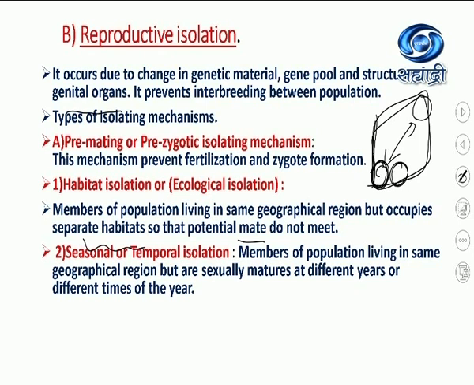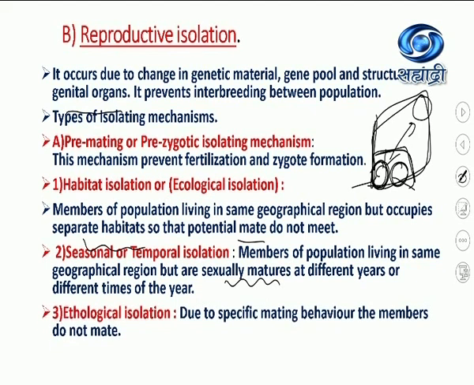Both are staying together in the same habitat, but though they are in the same geographical region and same habitat, they mature sexually at different times. This one matures in, say, winter and this one matures in summer. Will they be able to mate? No. So depending upon seasonal maturation, different maturation at different times of the year, they are isolated. They are not allowed to interbreed with each other. This is called seasonal or temporal isolation.